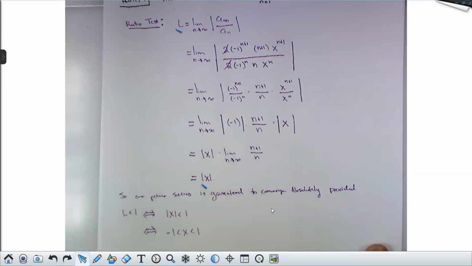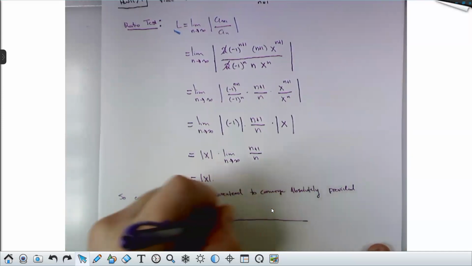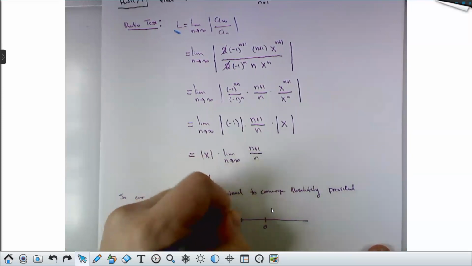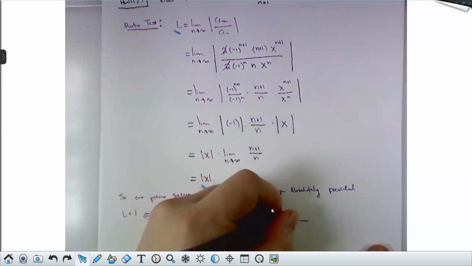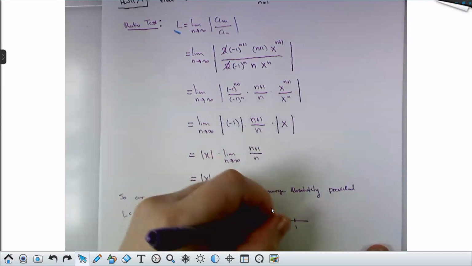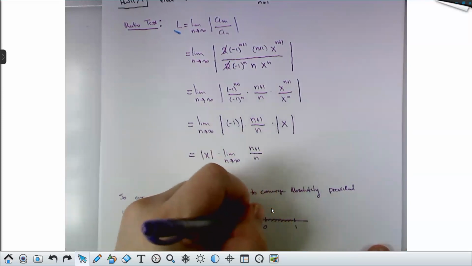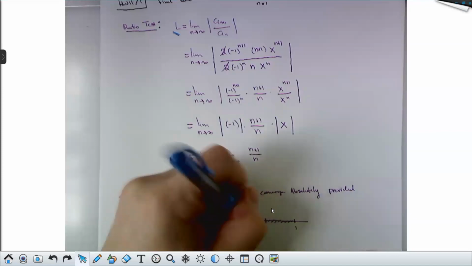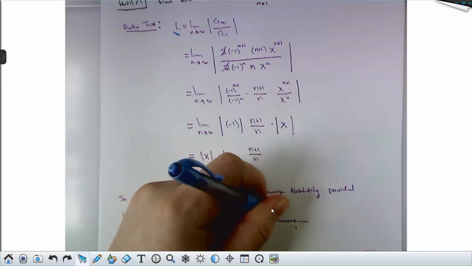So I can sketch my interval of convergence. The series is centered at 0, and the endpoints for the IOC are -1 and 1. And the series is guaranteed to converge absolutely for any x value in here. The question is, what about the endpoints? So definitely converge in here.